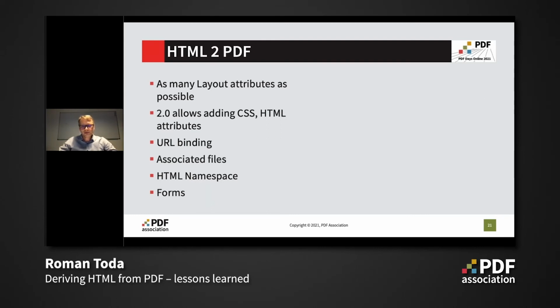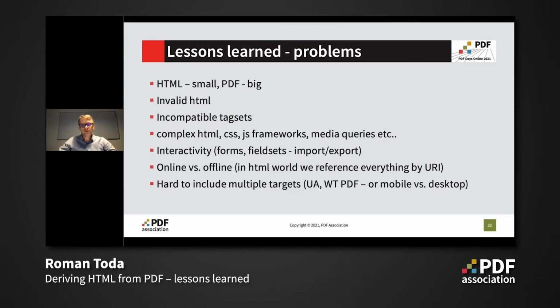But I have to mention that converters usually don't convert the interactivity. They are only flattening the visual appearance and using print field attributes to mark this as a non-interactive field. To sum up what we learned, there is no point in seeing PDF and HTML as a replacement of one or the other.